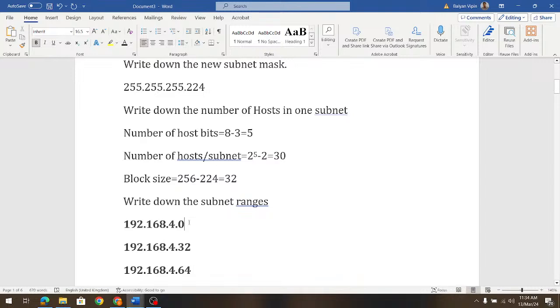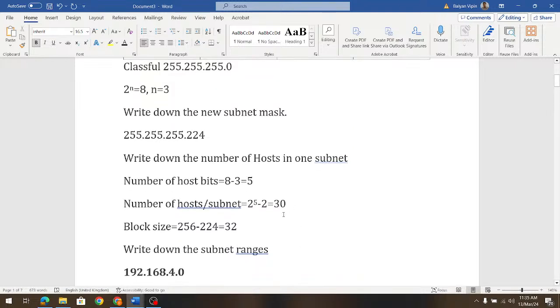This is basically the subnet ranges. And if the question further asks you what the possible IP ranges and the broadcast address are, I'll do the IP range for the first one. Basically starting from this one and ending at 30.